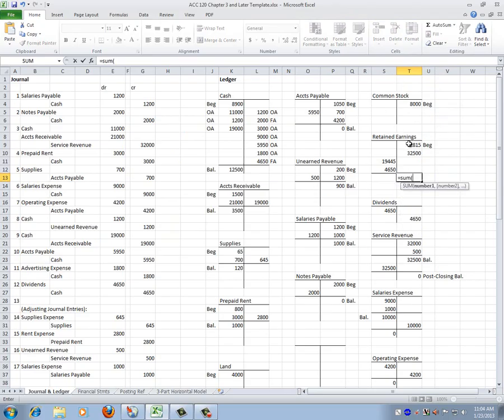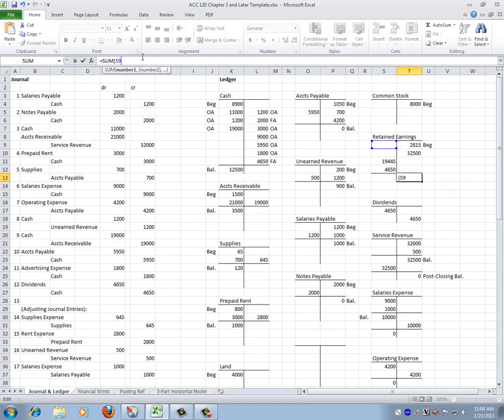Let's see if I can do it this way. That should have worked. Let's see if it agrees. No, that's not going to work. I didn't do that formula right.